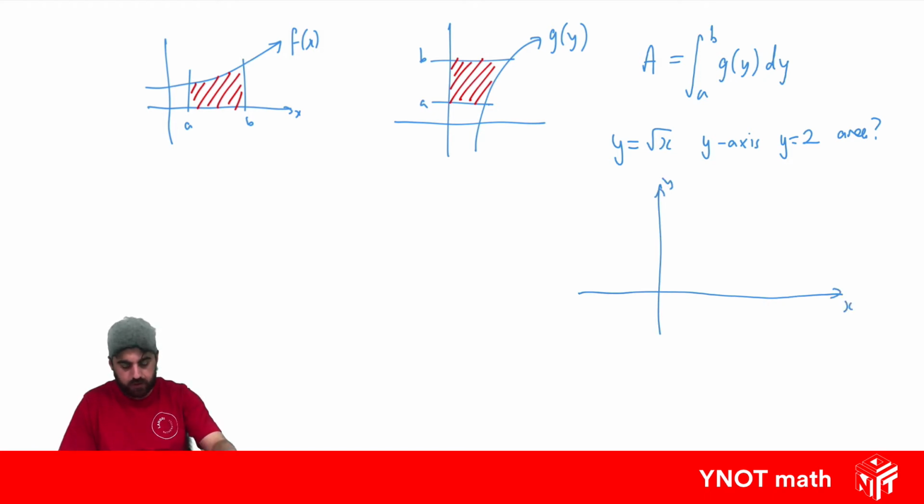Our function y equals root x is actually the top half of a sidewards parabola, and the y-axis is obvious, and y equals 2 is just a horizontal line going through 2.